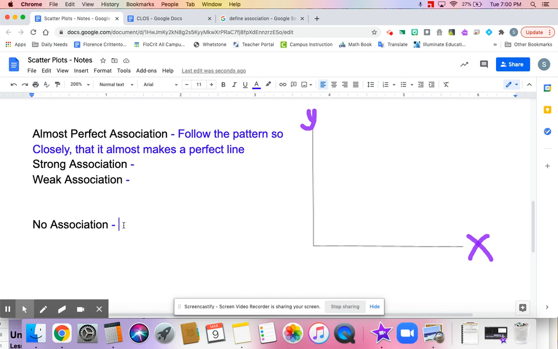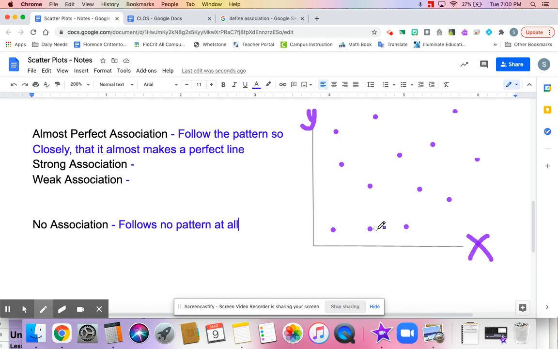Versus if I drop to the other end of it, no association seems to follow no pattern at all. Like there's no equation that it looks like. It doesn't look linear. It doesn't look curvy.